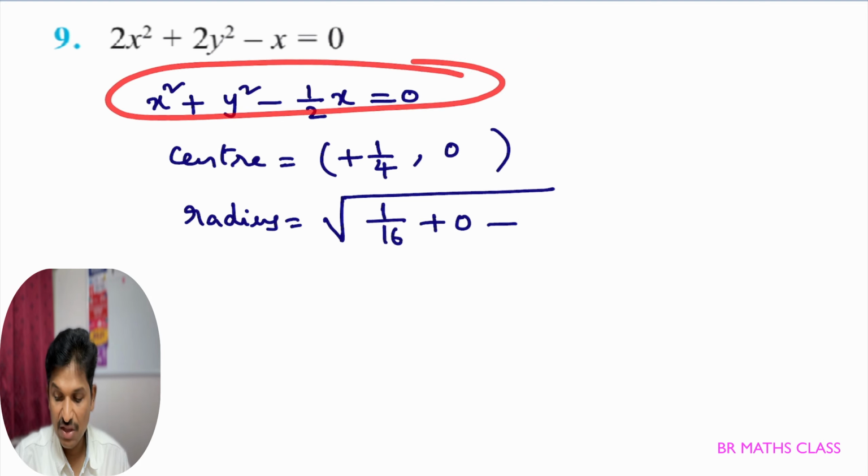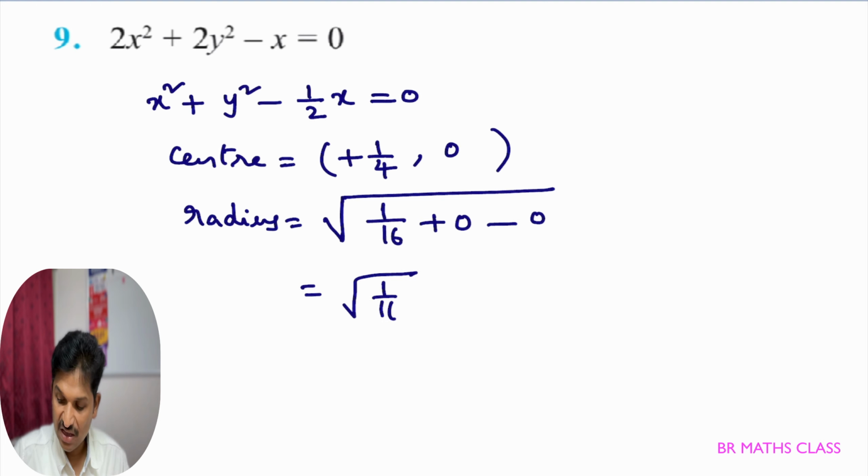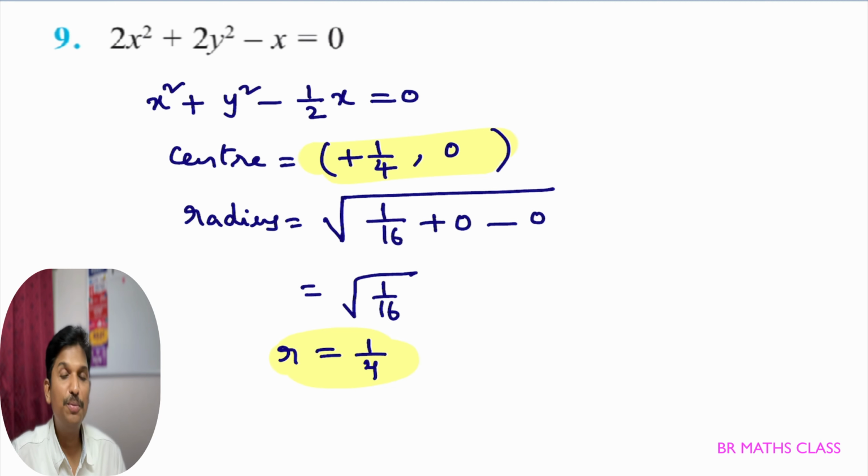Compare this equation with x square plus y square plus 2gx plus 2fy plus c equal to 0. You will come to know that c value is 0, right? So what you will get here? This is root over 1 by 16. This 16 can be written as 4 whole square, so that equals 1 by 4. So for this circle, center is plus 1 by 4 comma 0. Radius is 1 by 4. I hope you understand these solutions.